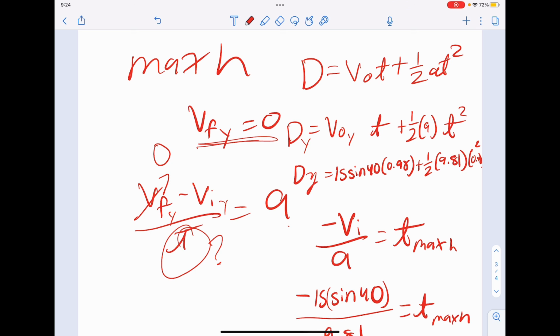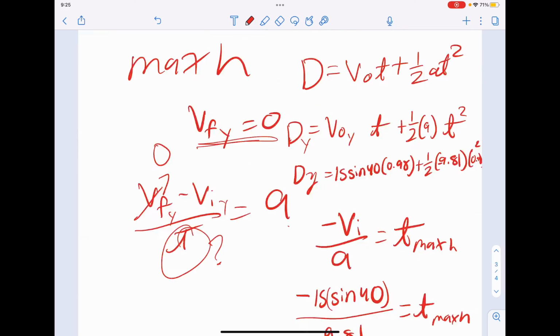So 15 sine 40 times 0.98, plus 0.5 times negative 9.81 times 0.98 squared.